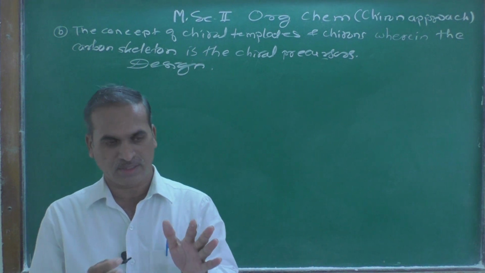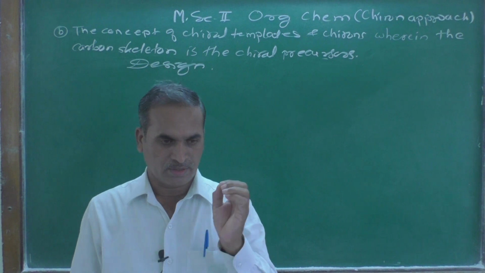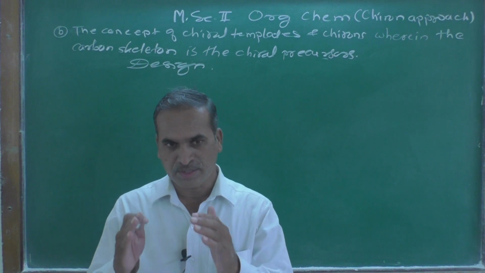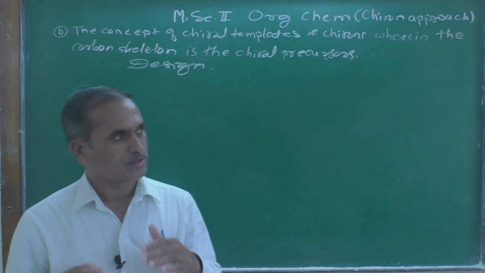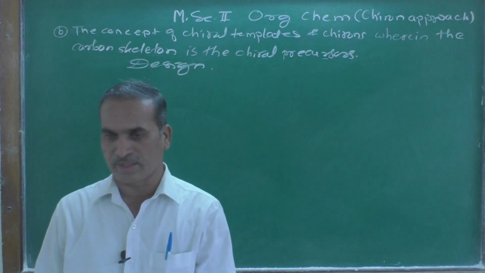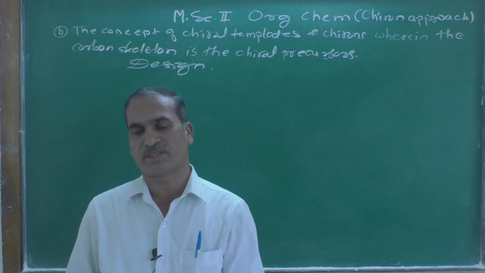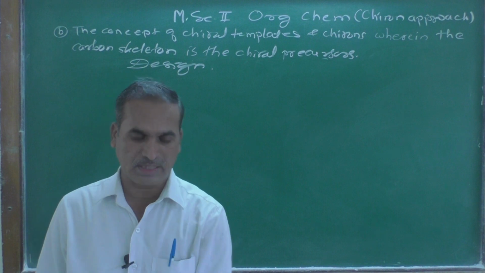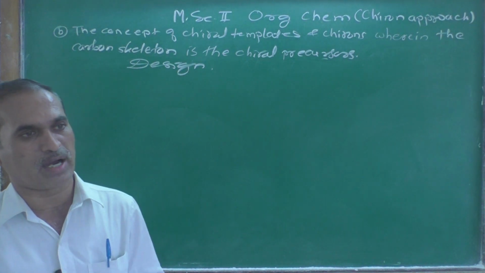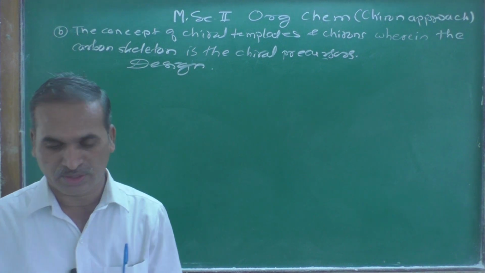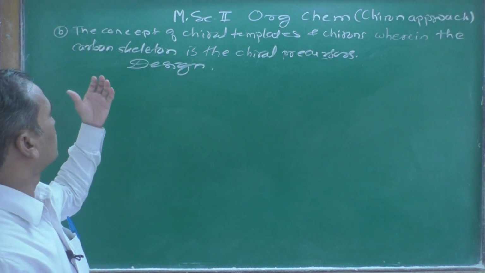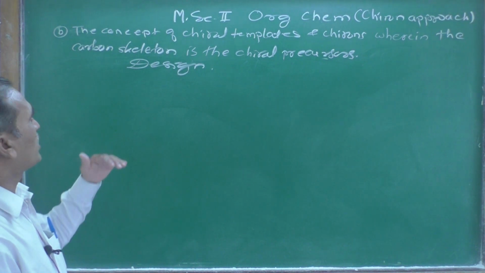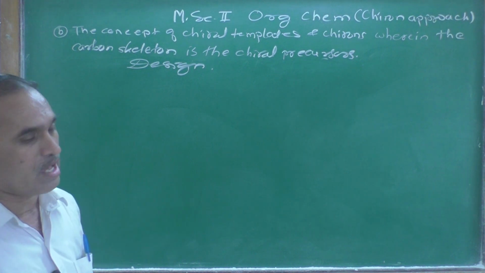What did we discuss yesterday? We discussed the symmetry of the carbohydrate, how symmetry elements are important as far as the natural product is concerned, because we are talking about the Chiron approach. In it we are learning the concept of chiral templates and chirons, wherein the carbon skeleton is the chiral precursor.